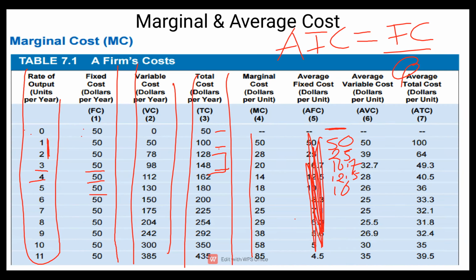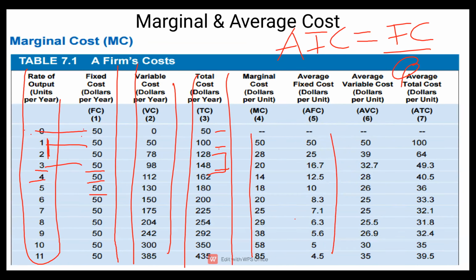So you just keep on doing that. And whatever you get, that schedule is called the schedule for average fixed cost. Did you get that? The table is meant to cement the concept. All right, so that's basically how they were finding these numbers as you go down. You basically divide every output into these fixed costs.